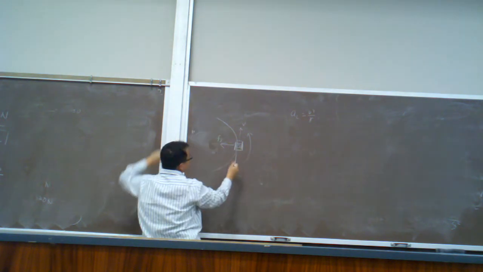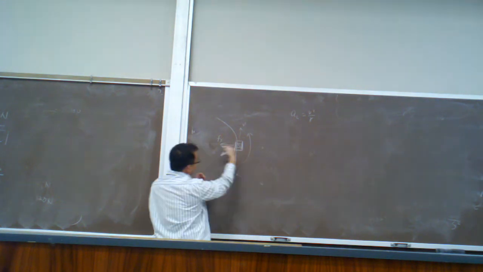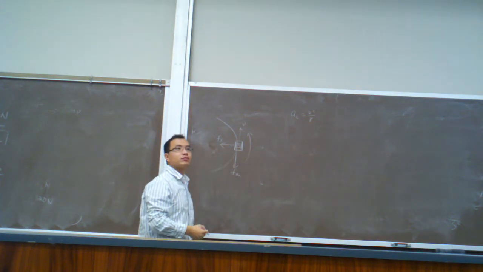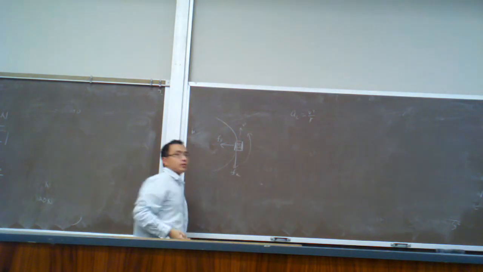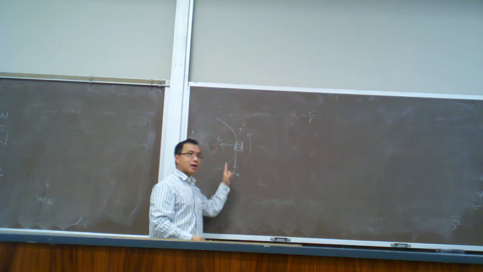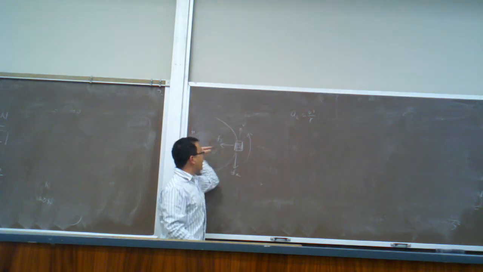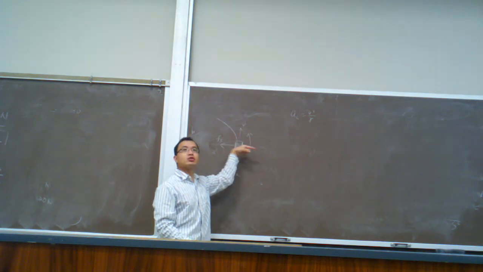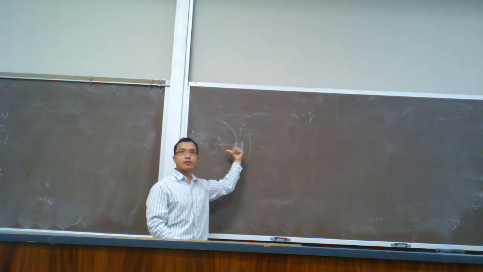To prevent it from going this way, you have to apply some static frictional force. So that's an interesting thing. The car has some actual motion along this direction, and at the same time some tendency of motion in this direction, but it can never really realize this tendency due to the static friction.